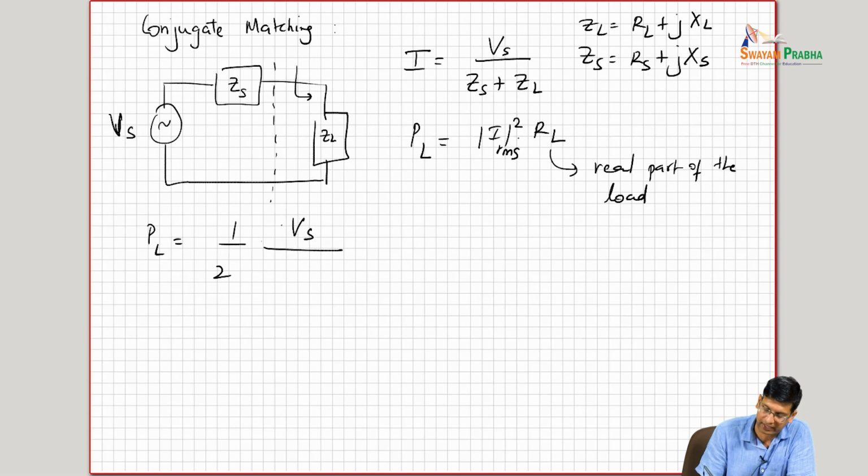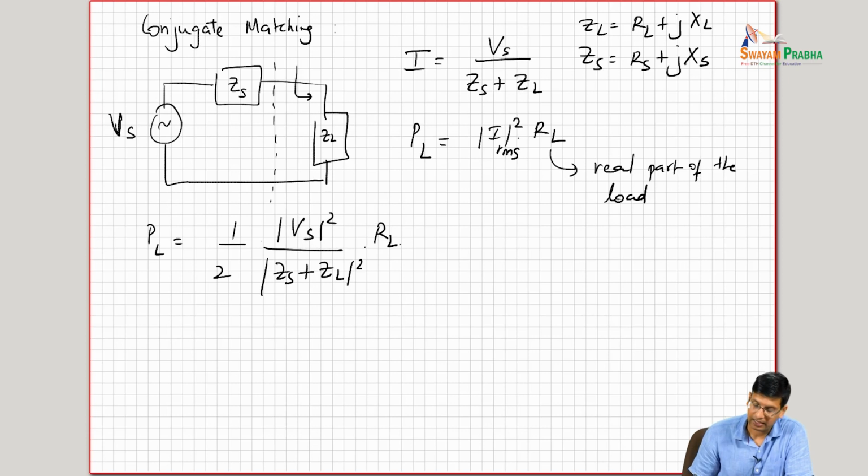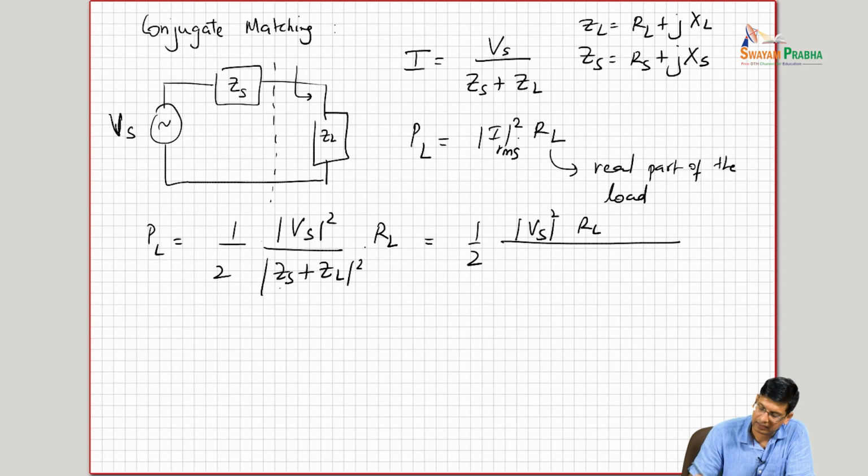it's Vs squared divided by |Zs plus ZL| squared times RL, right? And this works out to Vs squared times RL divided by (Rs plus RL) squared plus (Xs plus XL) squared, right?